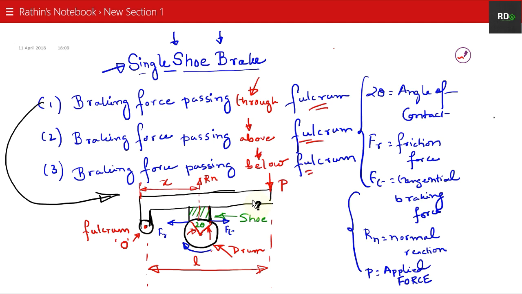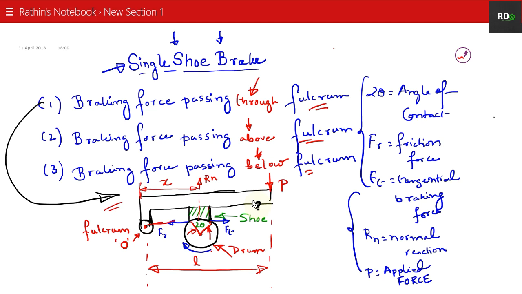In the first case, drawn at the bottom of the screen and shown by the black mark, this entire thing is in the same line, that is the fulcrum. The fulcrum is the point at which the system can rotate.